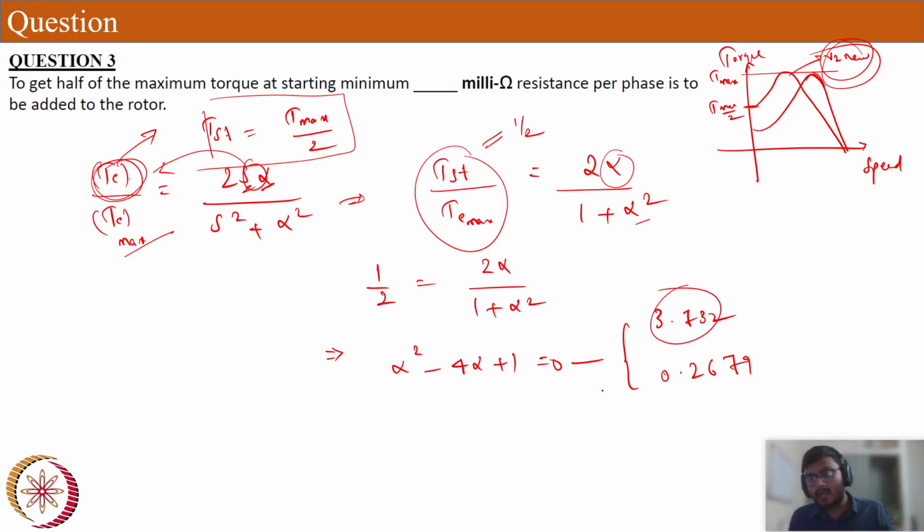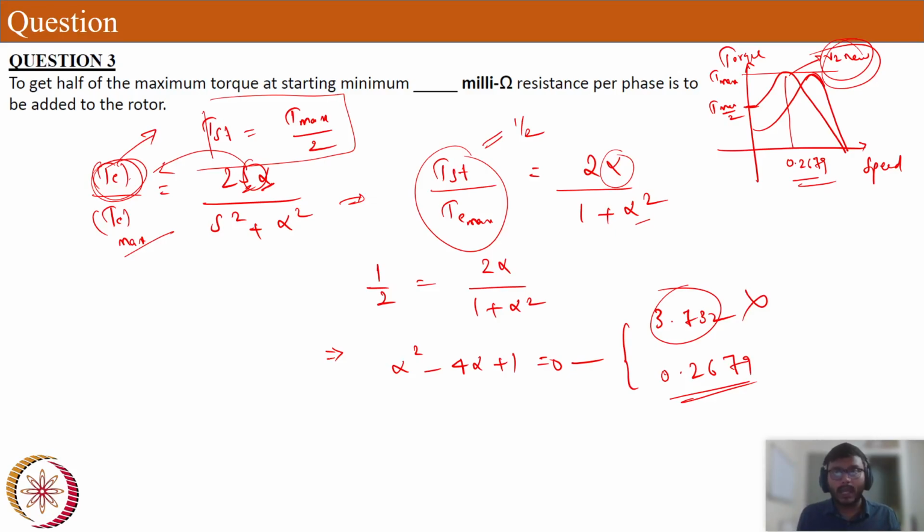Obviously, slip can't be more than 1, so 3.732 is an impossible value. So we should take 0.2679. Now, this particular alpha we have got is 0.2679.